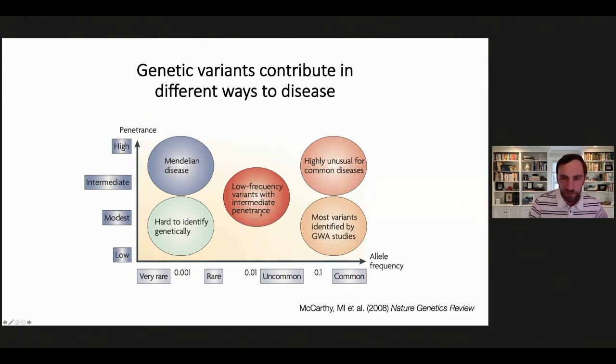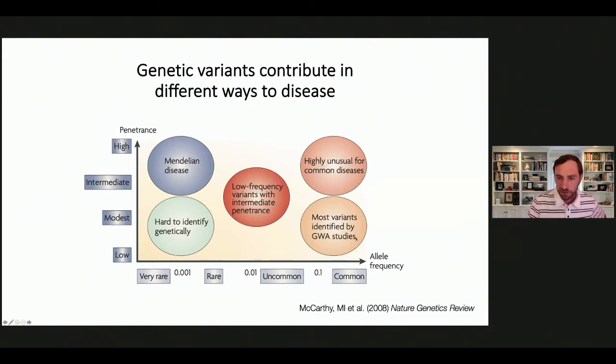We then have variants that are more low frequency with intermediate penetrance, and this is probably what my group is going to talk about. These low penetrant variants sometimes start getting a little more common and don't quite have that high impact. They still have some noticeable increased penetrance, but not a very high penetrance overall. So still pretty low absolute penetrance, just an increased risk of disease.